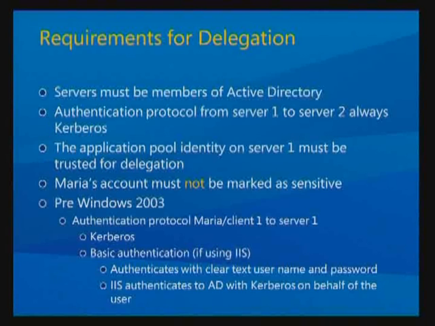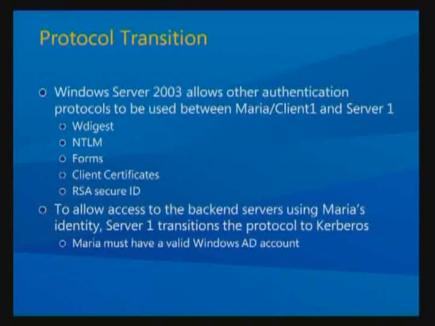So in terms of our protocol transition, front end, WDigest if you want it to be, NTLM, forms, client certs, RSA SecurID, basically anything, and we can do this transition. To allow access to the back-end servers using Maria's identity, server 1 transitions the protocol, say from NTLM, to Kerberos, right?